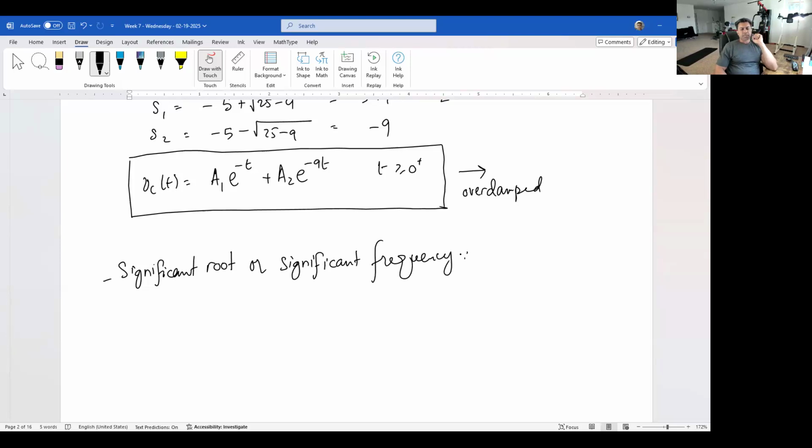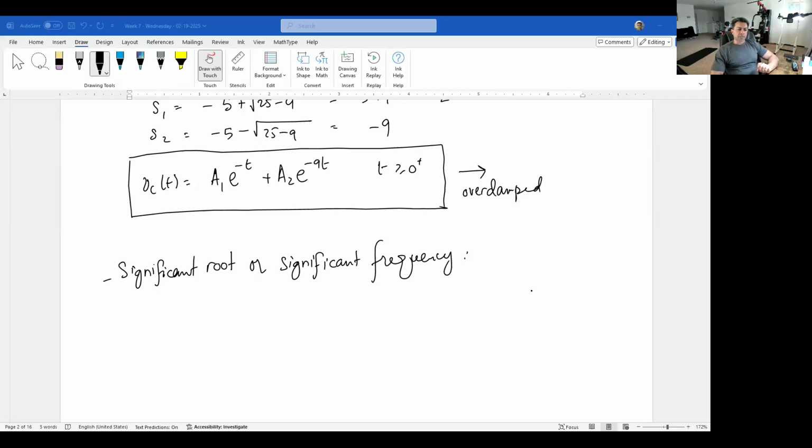What's a significant root or significant frequency? And that term you're going to use here in circuit analysis. Anytime you have an exponentially decaying function, whether in control systems, circuit analysis, power electronics, or signal processing, anywhere, you will see this term, significant root or significant frequency.